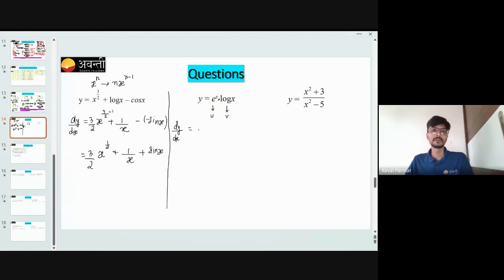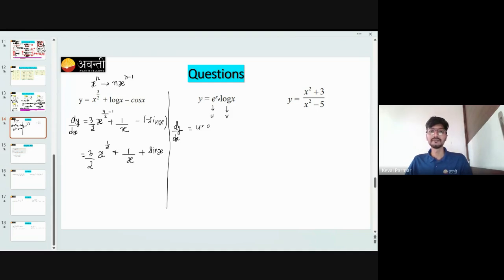Do you remember the formula? It was u into derivative of v, plus v into derivative of u. So here u is e raised to x. What is the derivative of log x? It is 1 upon x, plus v is log x.